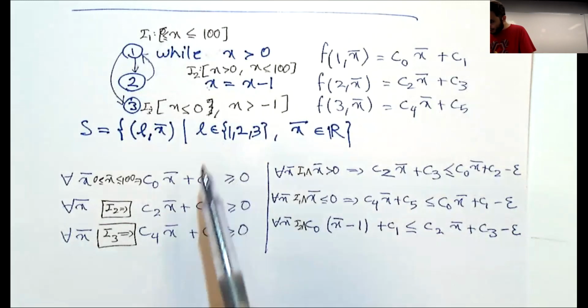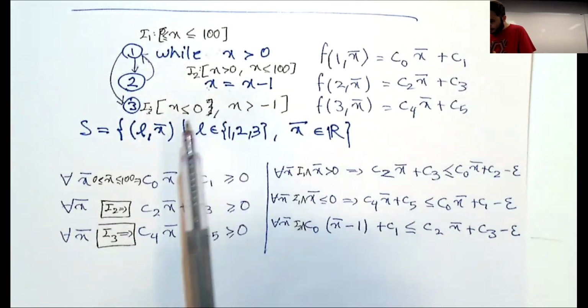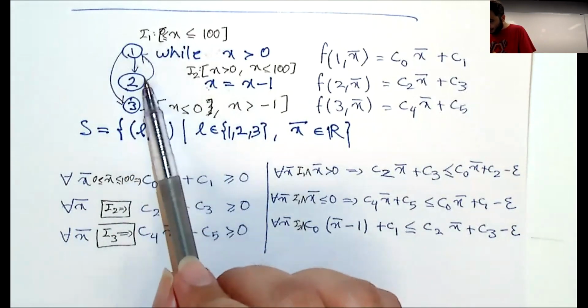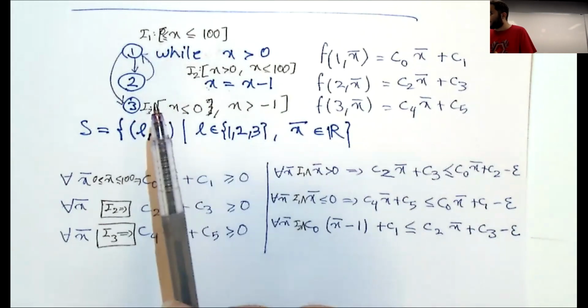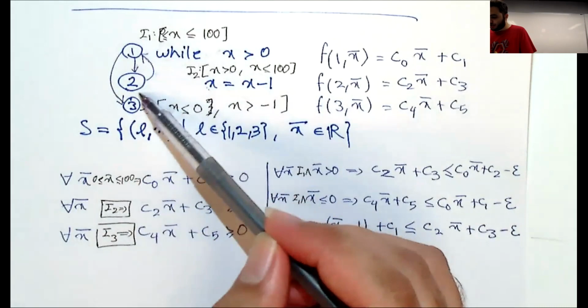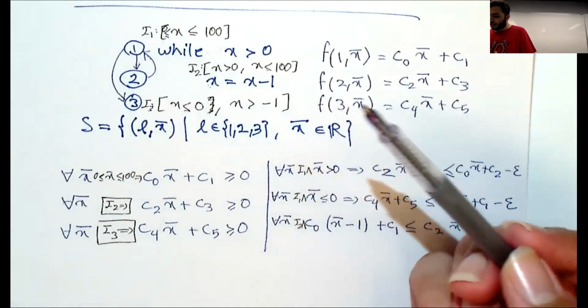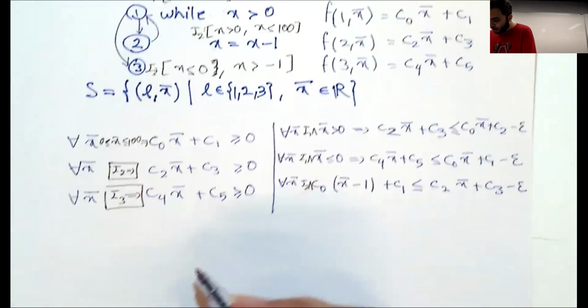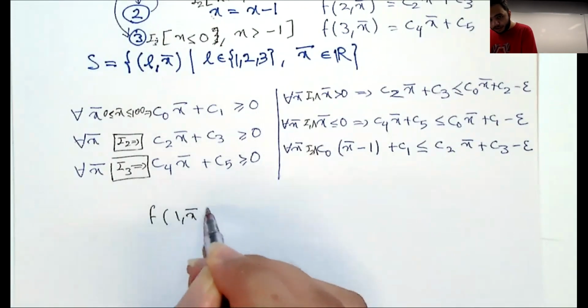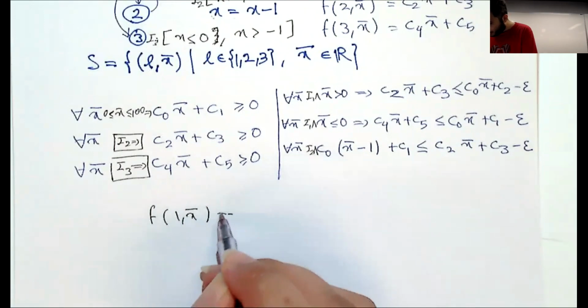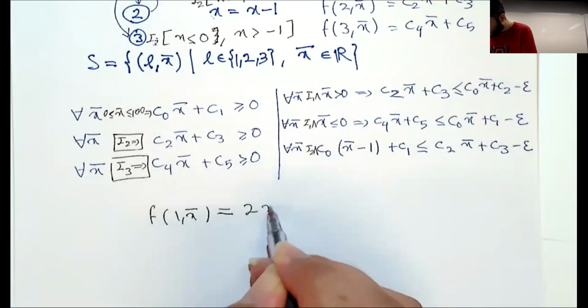Well, here's the thing, x is decreasing, right? And how many steps does it take for it to decrease by 1 unit? It takes roughly 2 steps, right? Going from 1 to 2 and back and so on. So what I start with is that I can say, okay, f of 1 x bar, let this just be 2x.